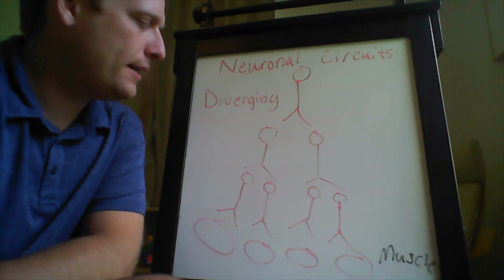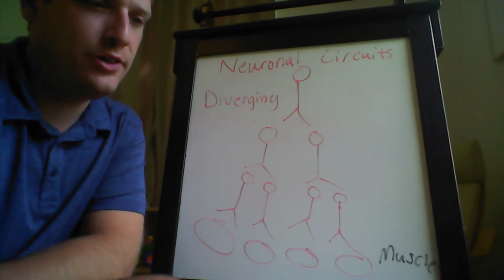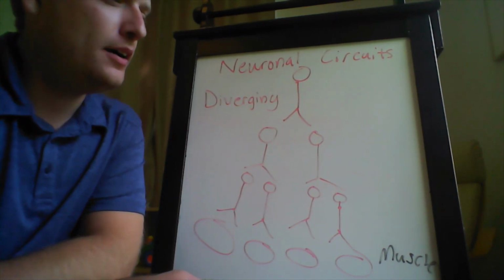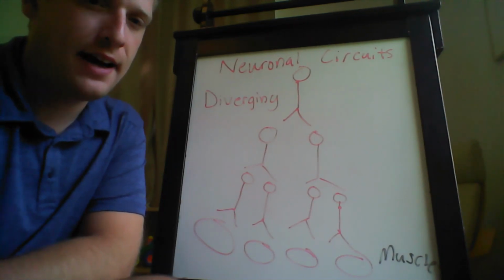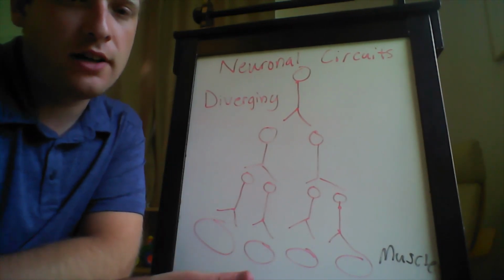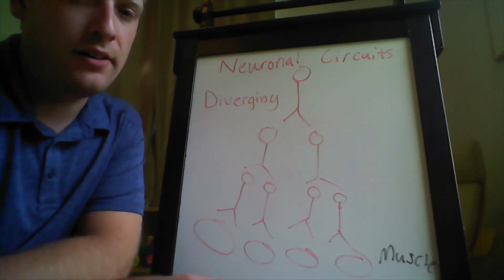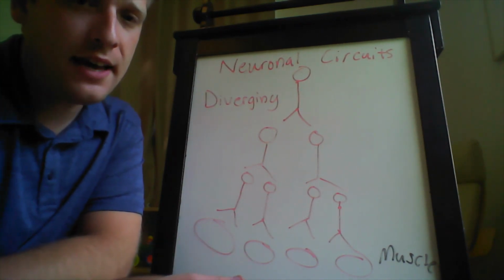When we were looking at the different potentials that could occur at a postsynaptic cell, I alluded to the fact that multiple neurons can make contact with the same cell, and the opposite of that is also true.